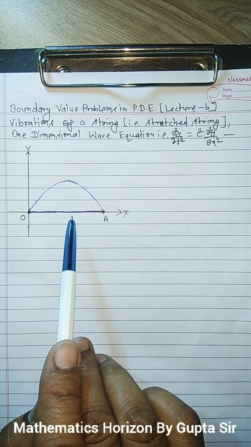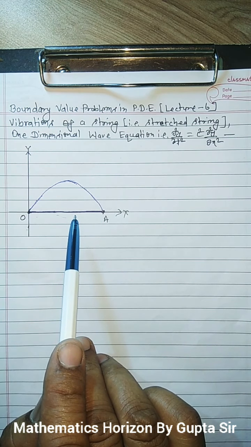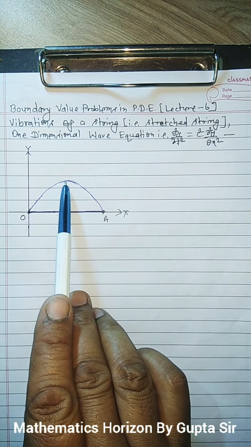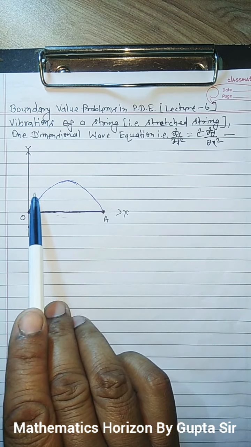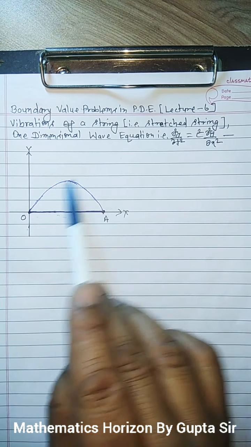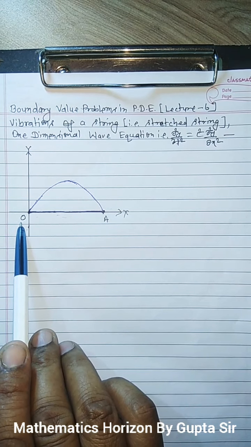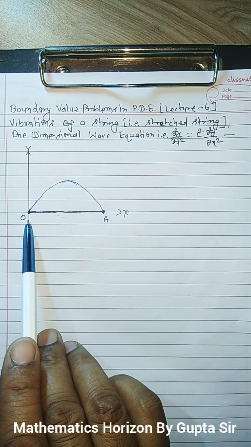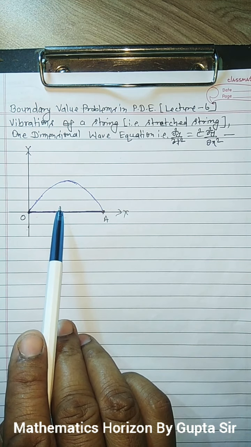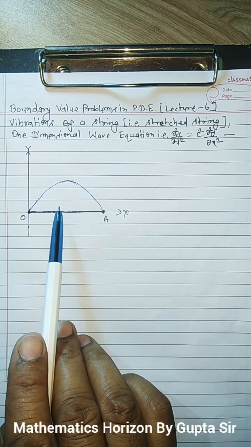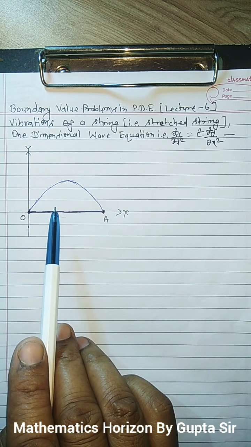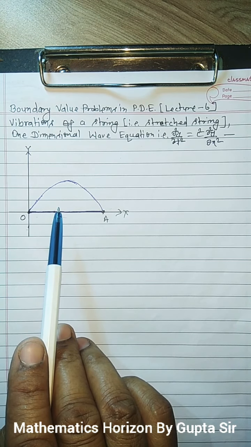And third, the tension in the string, in the upward and downward direction, is so large that the forces due to the weight of the string can be neglected.